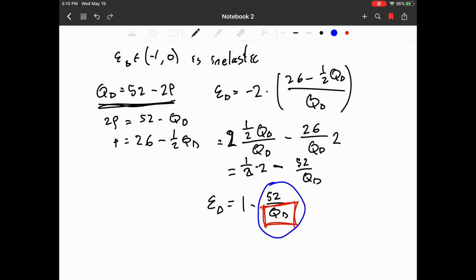But because it's a negative, we can say as qd gets larger, elasticity of demand, because this part is getting smaller, but it's negative, so it's becoming less negative, the elasticity of demand also gets larger.